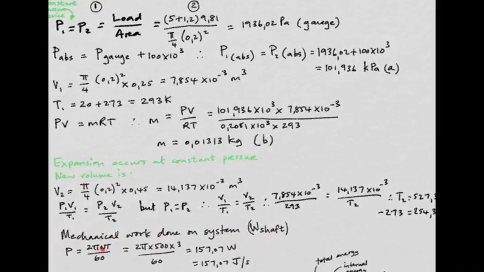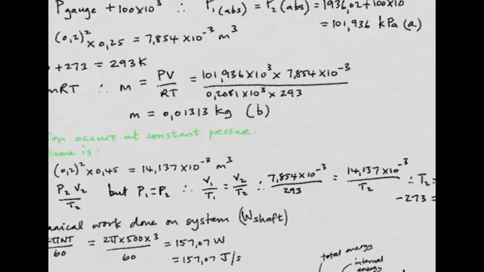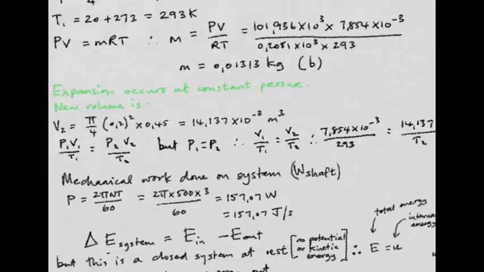And P is 2 pi nT over 60, 2 pi times the speed of rotation, 500 revs per minute, the torque at 3 Newton meters, divided by 60 gives us 157.07 watts, which is in fact 157.07 joules per second. So that is the rate of mechanical work entering the argon, 157.07 joules every second.